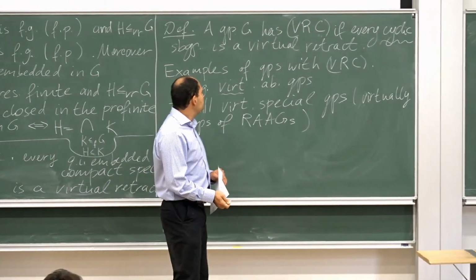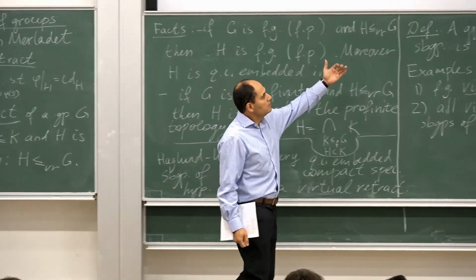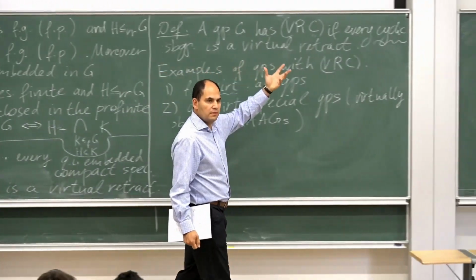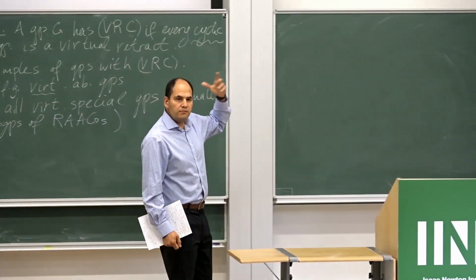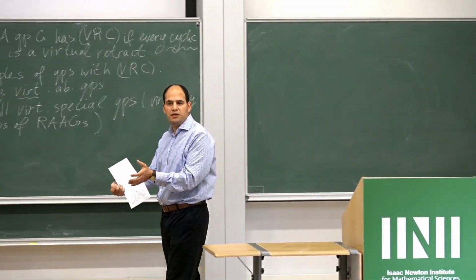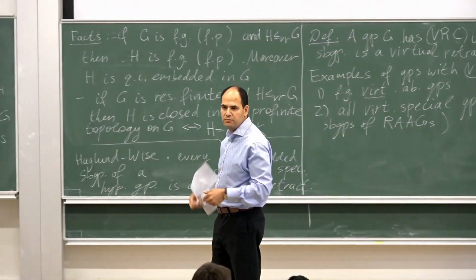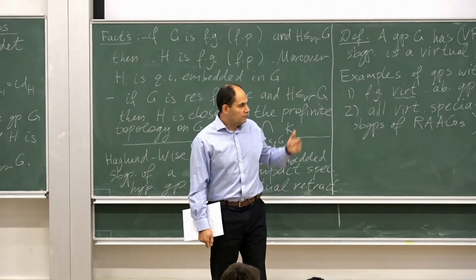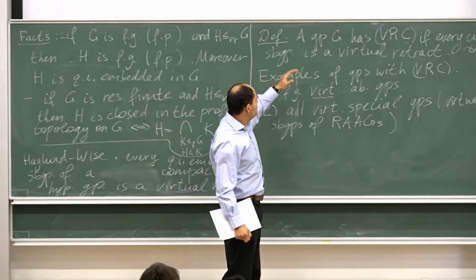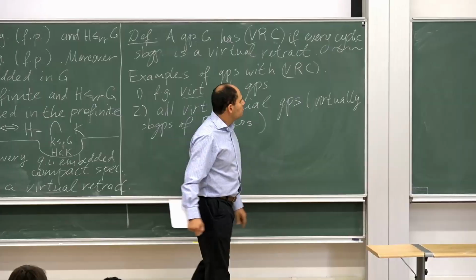In fact, it's easy to see that this property always goes down to any subgroup. If you virtually retract onto any cyclic subgroup, then any subgroup containing that cyclic subgroup will work too: you just take the restriction of the retraction. So it's obvious that it always goes down, and in fact, here you take any subgroup of a RAAG.